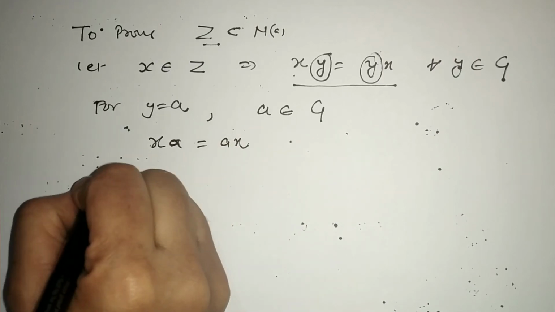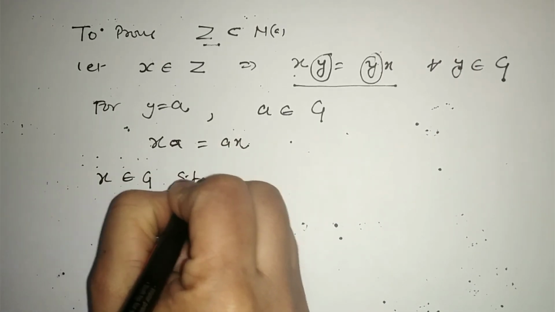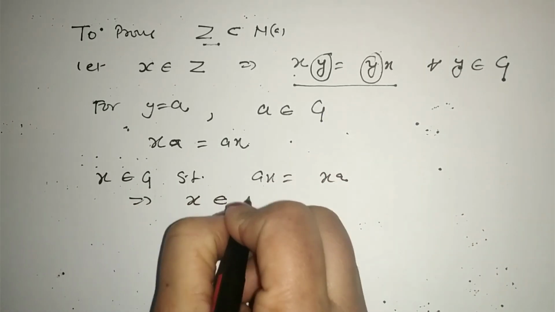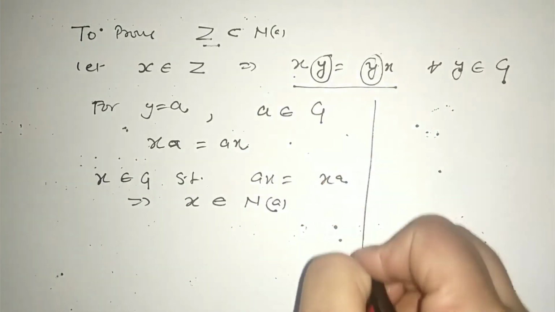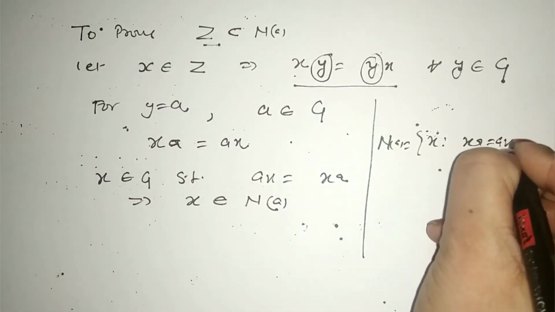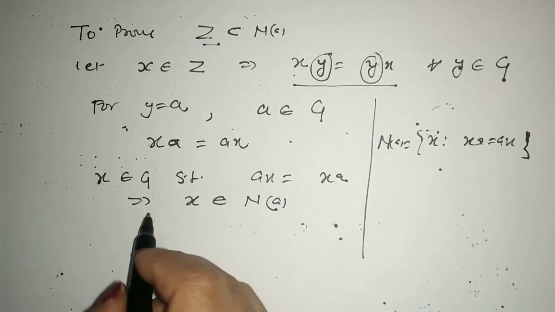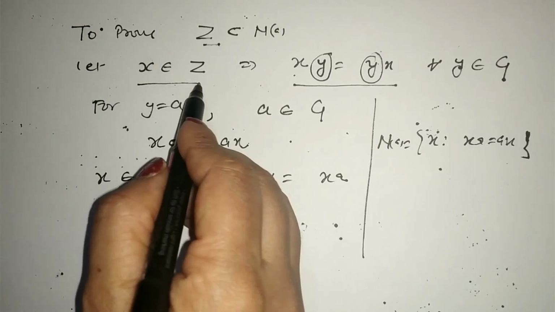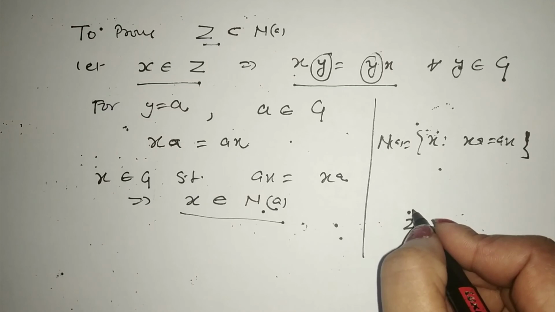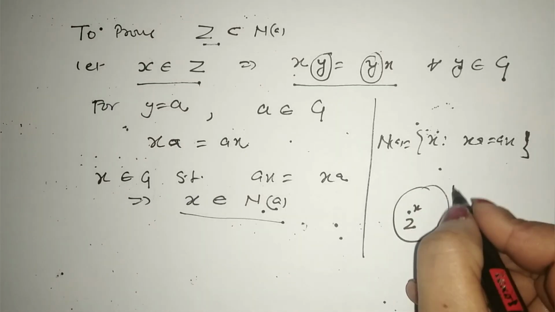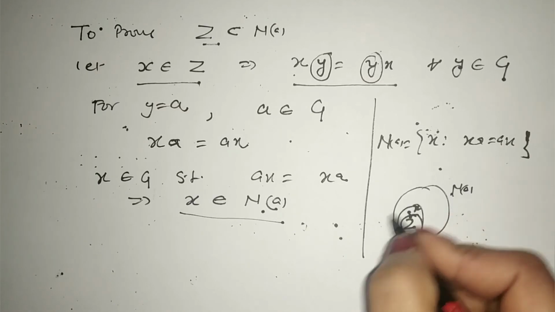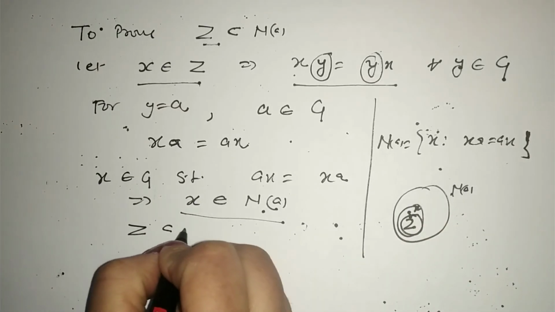So now X is the element of G such that A into X is equal to X into A, which implies X is nothing but the element of normalizer, because the definition of normalizer is the set of elements which commute with A. So this element was of Z. It belongs to Na. Means if we take one element from Z, that is X, it belongs to Na, means every element of Z is in Na. Z is a subset of Na.